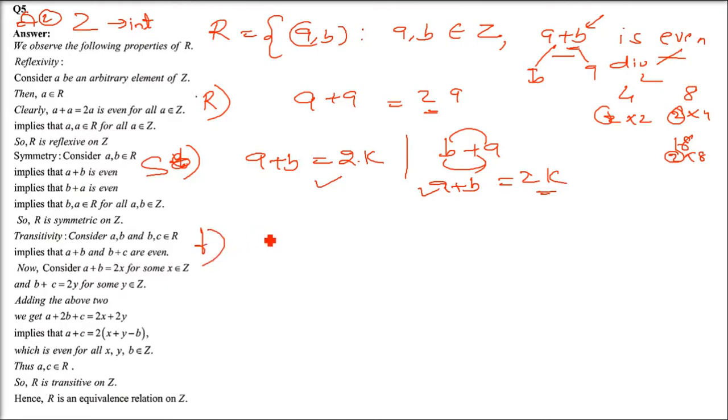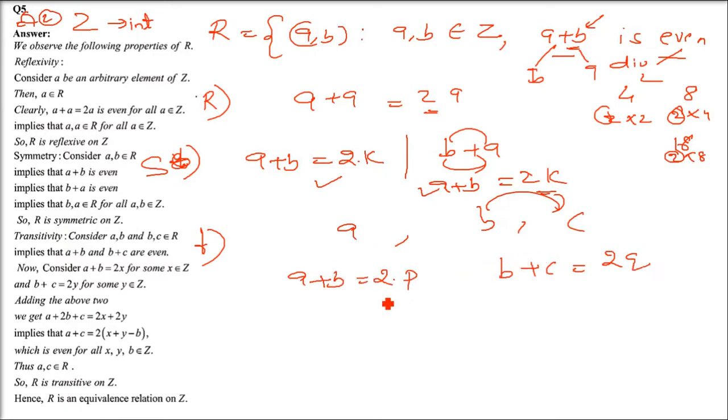Now transitive. What do we have to do? We take a, b, c, 3 elements. So a plus b, we have to assume that this is some 2p because it is even. b plus c is some 2q. Okay, now you can add them. See, whether we have to subtract or add these two equations all depends on what we want.